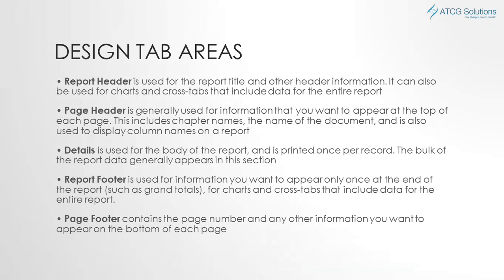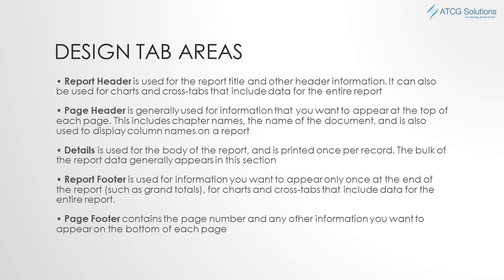In the design tab areas, the report header is used for the report title and other header information, and the page header is generally used for information that you want to appear at the top of each page. So it appears on every page, such as chapter names, document names, and also used to display column names on the report.